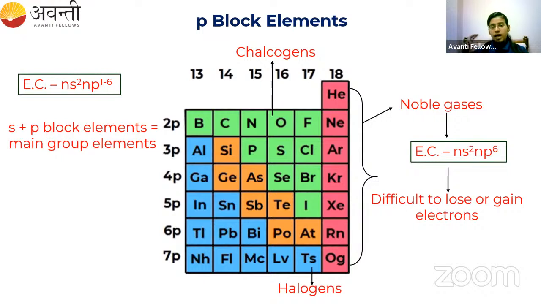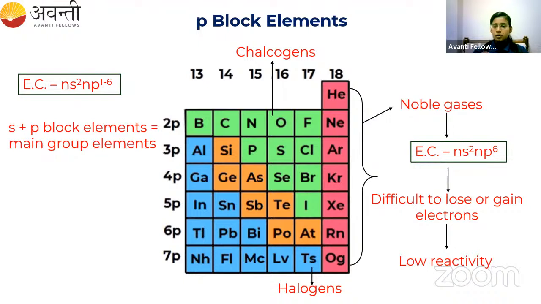Only if an atom gains or loses electrons can we say that the element is more reactive. But if it cannot give or gain electrons, then we say the element has low reactivity. So the reactivity of noble gases is very, very less.